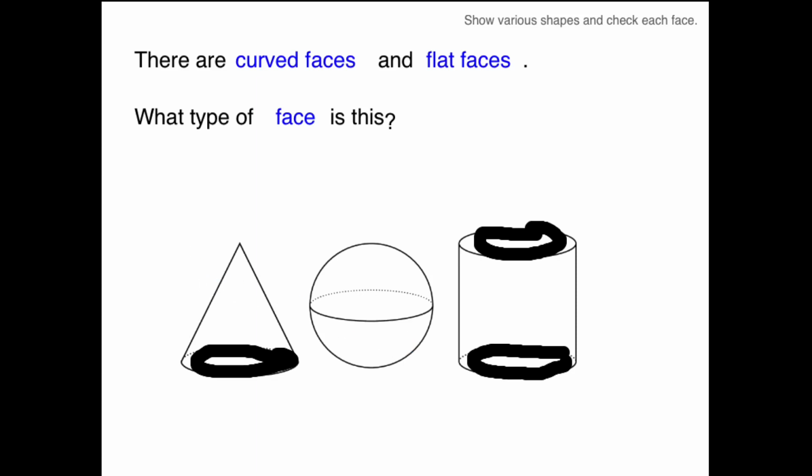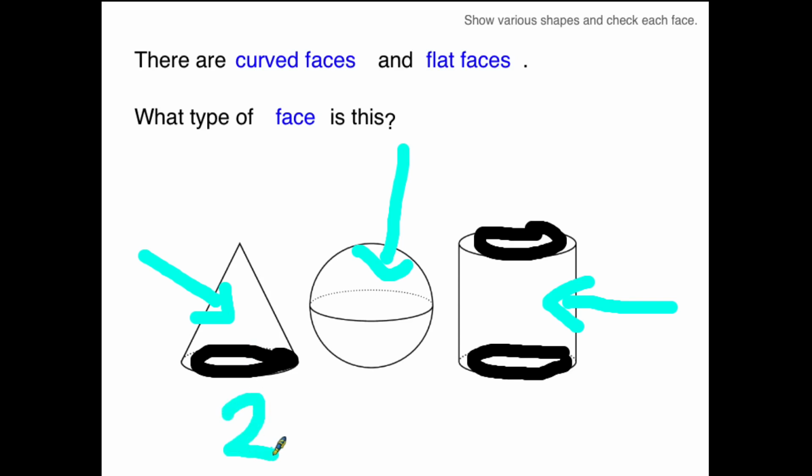So we see a curved face over on the side for the cone, all over for the sphere, and again on the side here for the cylinder. 1 curved face, 1 flat face, 2 altogether. 1 curved face, 2 flat faces, and a curved face. 3 faces altogether.